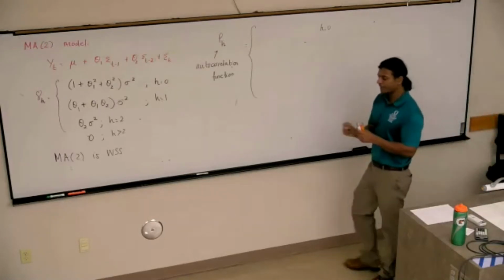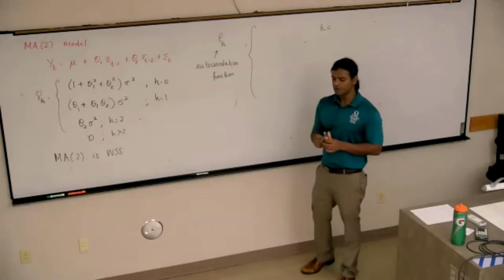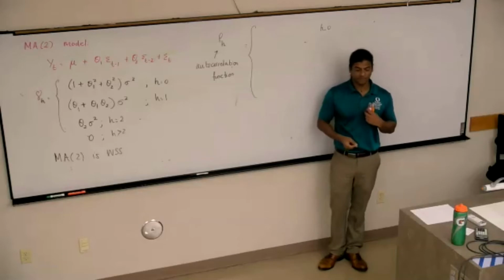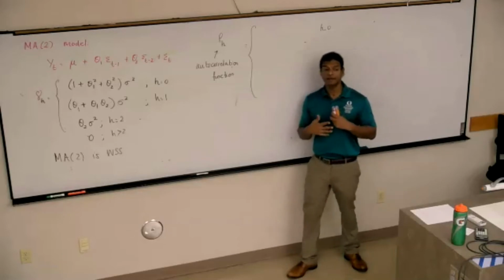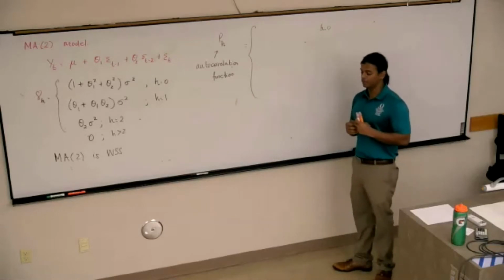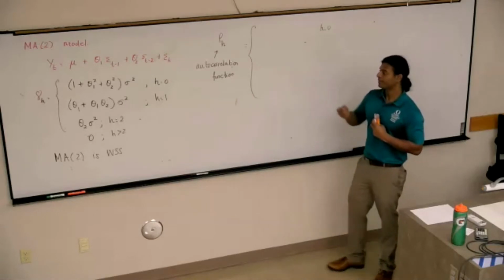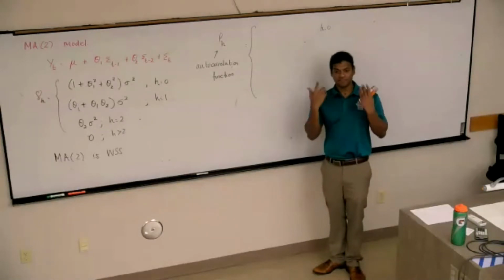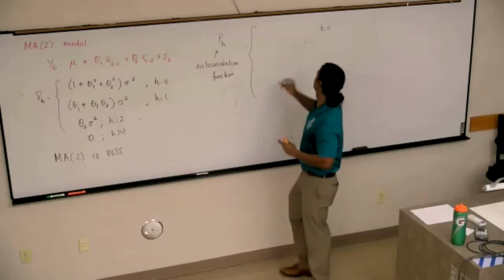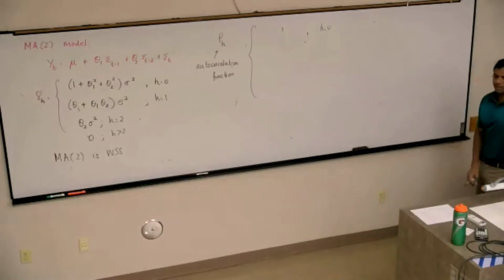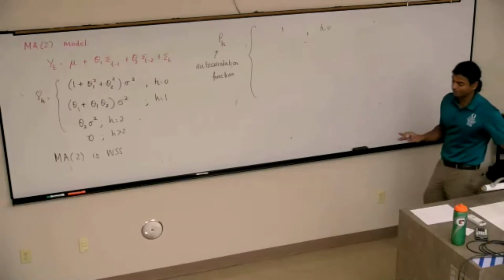When a series is varying with itself, the covariance becomes variance. But for autocorrelation, the value would be 1, because the strength is going to be fully positive. So autocorrelation at h equals 0 is 1, no matter what series you look at.